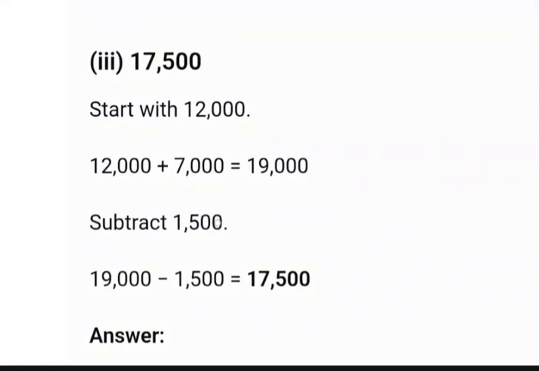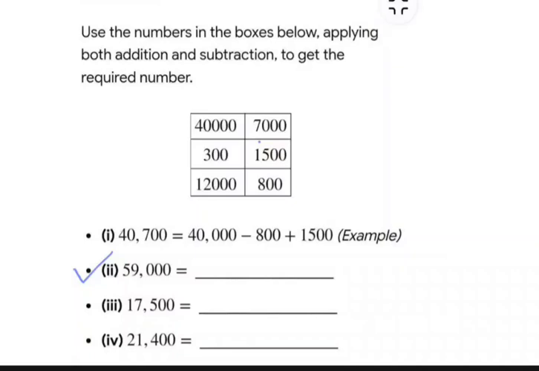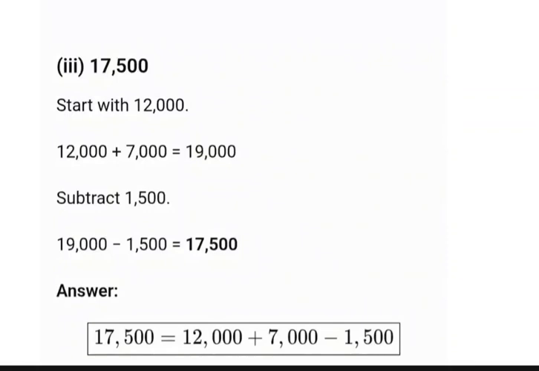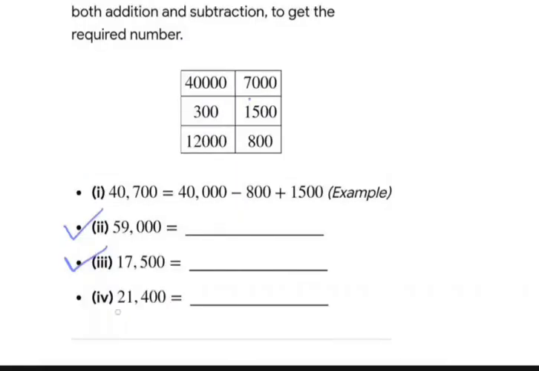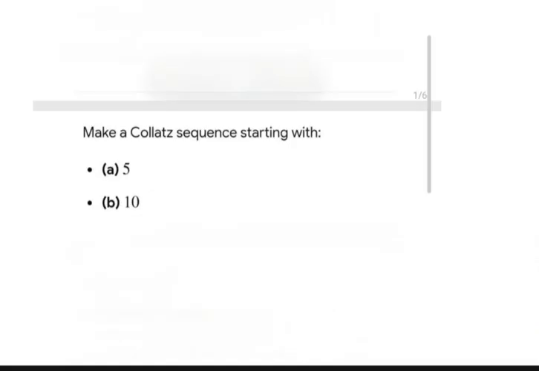So we can subtract 1,500. Here 1,500 is here, so we can subtract 1,500. After that we get the answer 17,500. Clear? Next question, 21,400. This one you can do by yourself. So move to the next one.